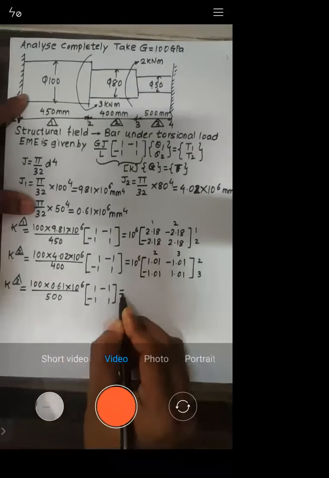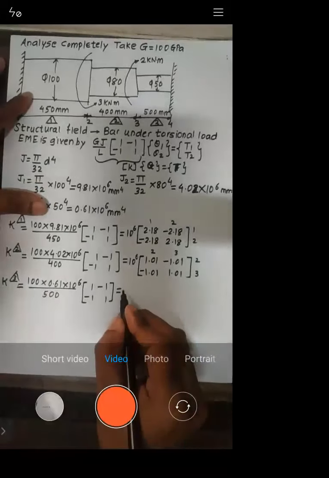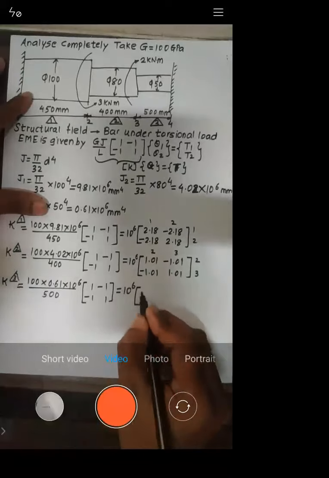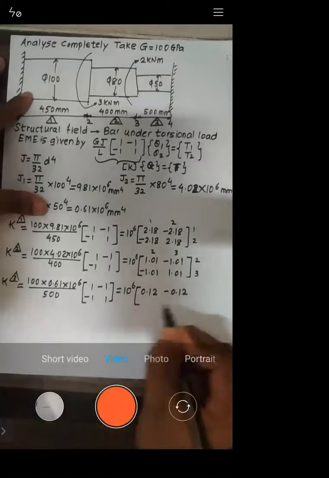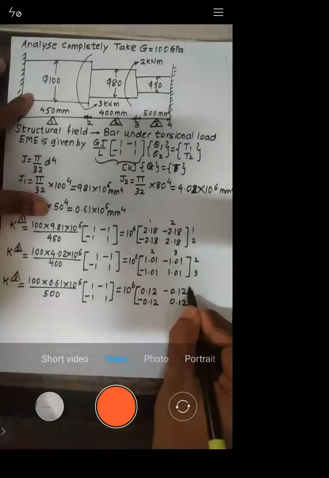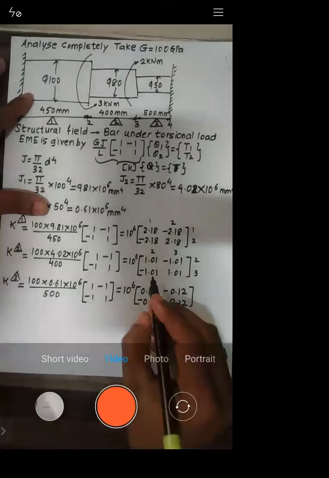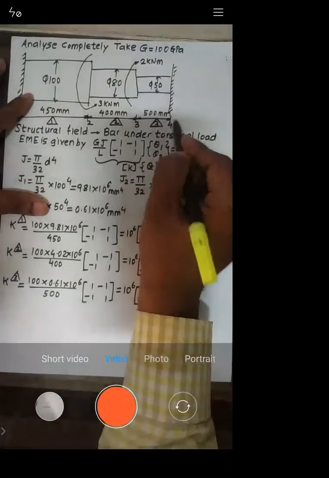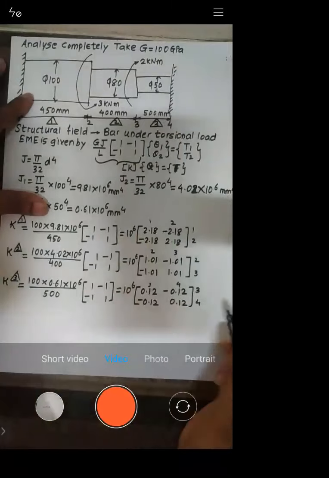So you'll get some value, 0.122 into 10 raised to 6. So this is 0.12, minus 0.12, minus 0.12 and 0.12. Now this stiffness matrix of element number 3 is between node 3 and 4. So I'll write down 3 4.